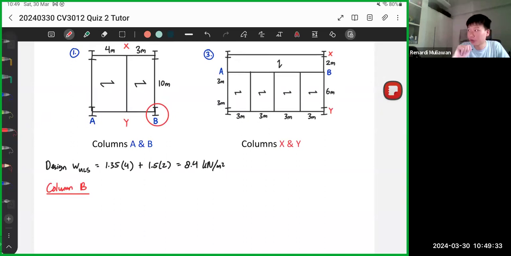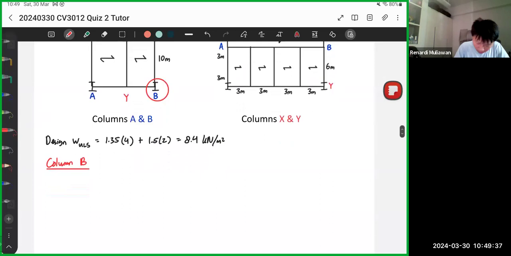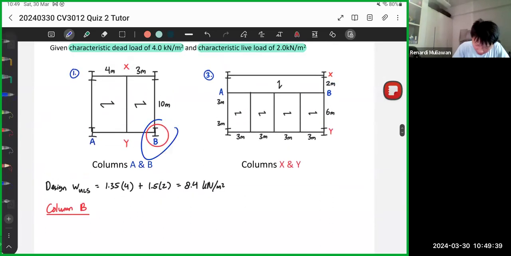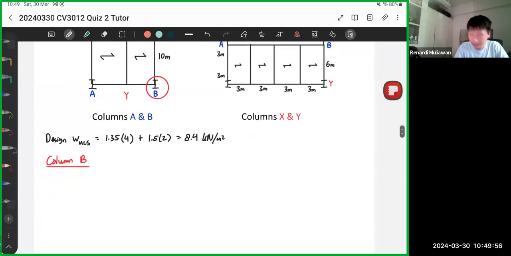One is the axial force, one is the bending moment. If you notice, column B is connected to two beams. Let me label this C and D. So column B is connected to the beams BD and AB. So we need to find the loadings on those two beams first.